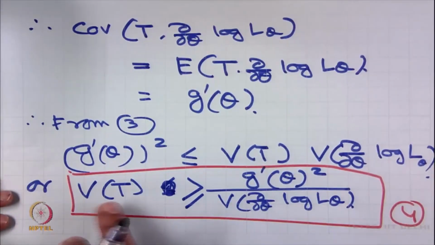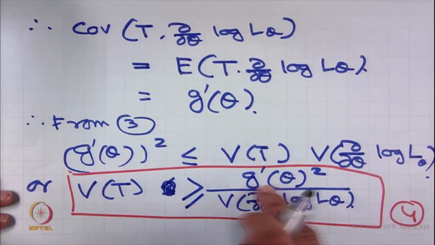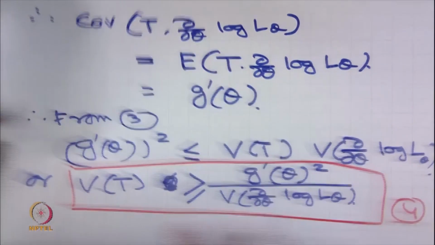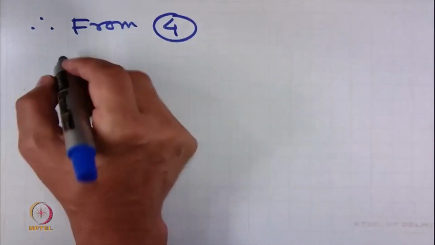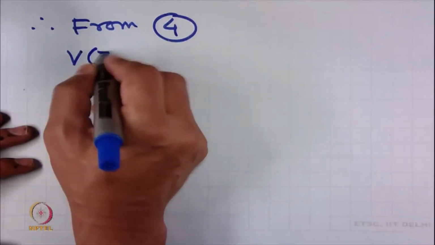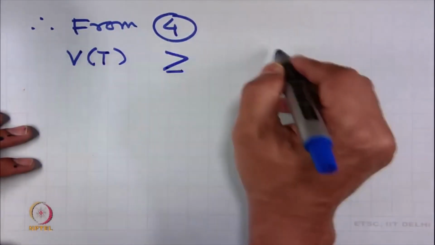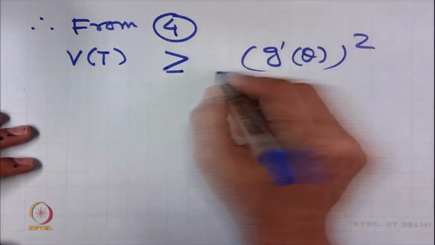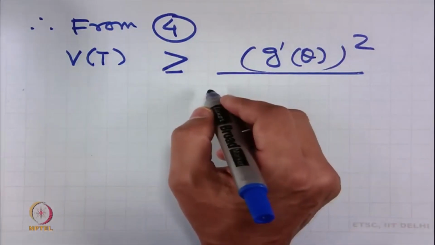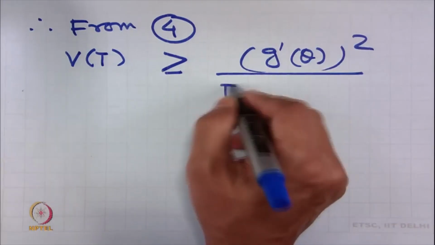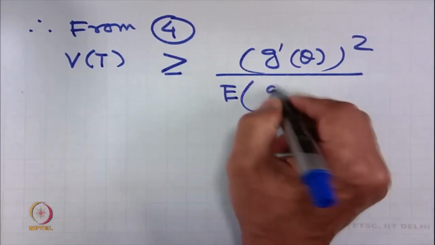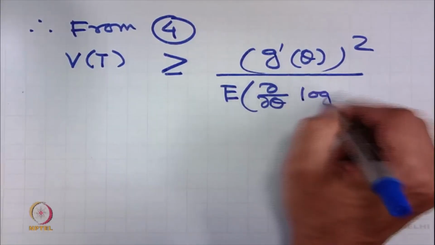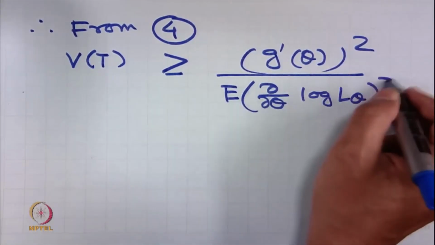from 4, which is variance of t is greater than equal to g prime theta whole square upon variance of del theta log L theta, we can write it as variance of t is greater than equal to g prime theta whole square upon expected value of del theta log of L theta whole square.